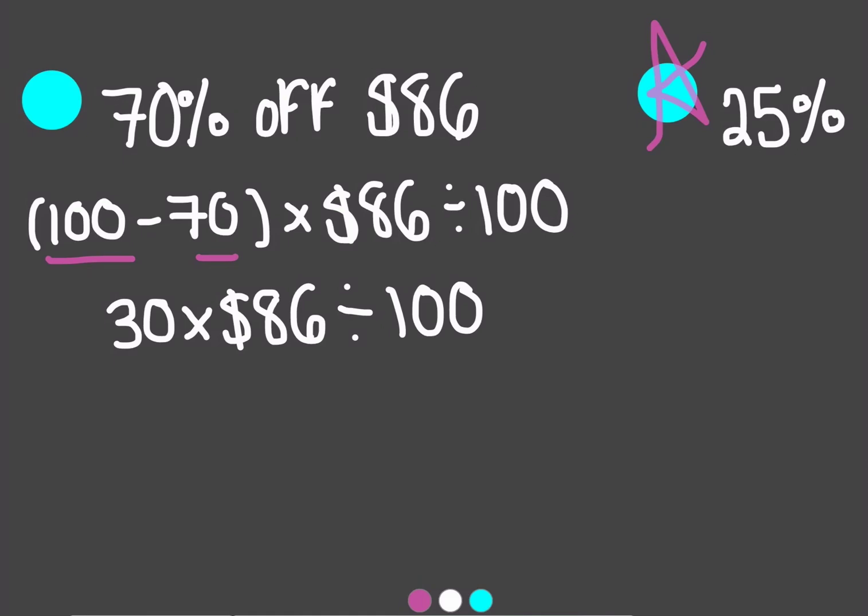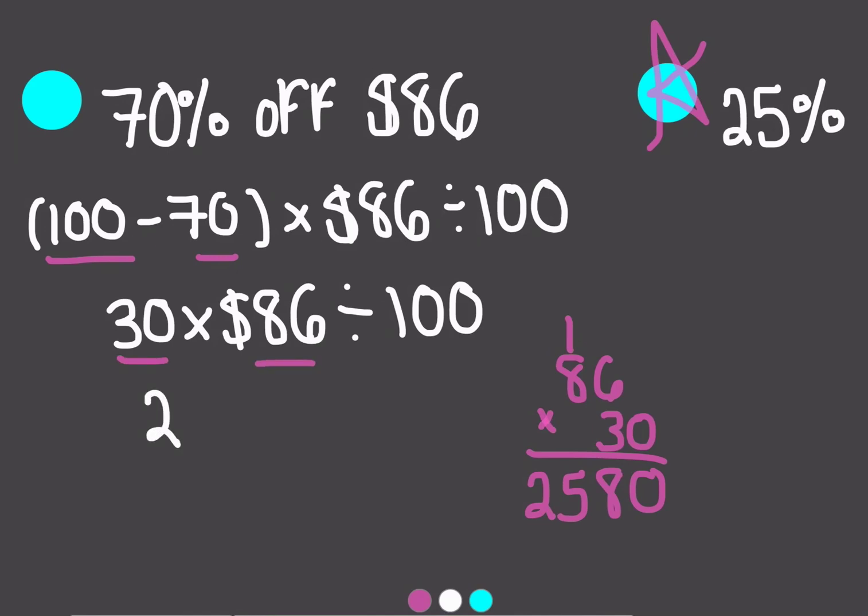So 30 times 86, I can't do that in my head. 86 times 30, and I drop that 0 down here because that's just how you do it. 3 times 6 is 18. Carry the 1. 3 times 8 is 24, plus 1 is 25. So whenever I multiplied 30 times 86, I got the answer of 2,580.